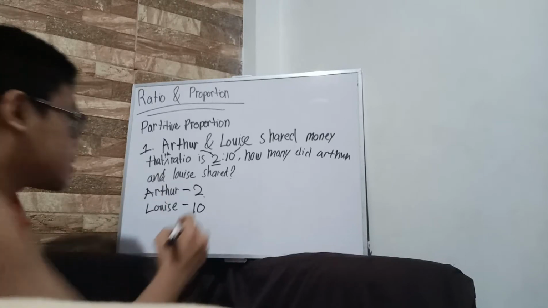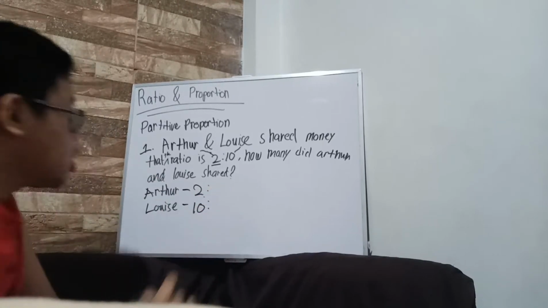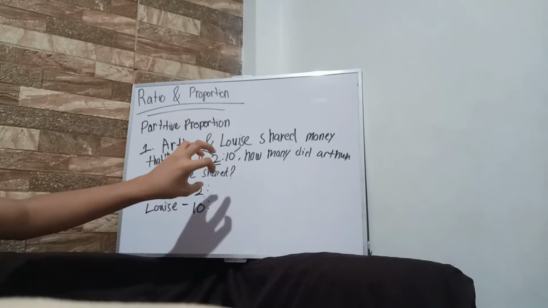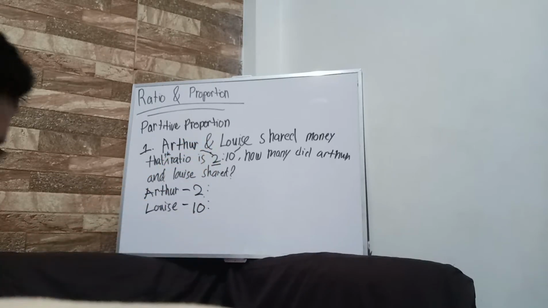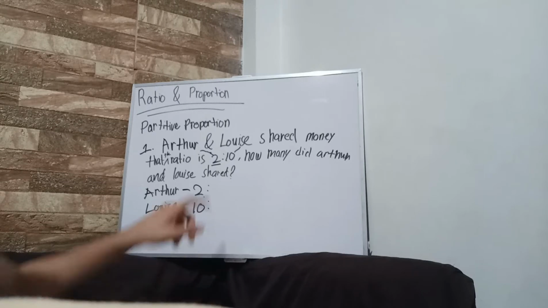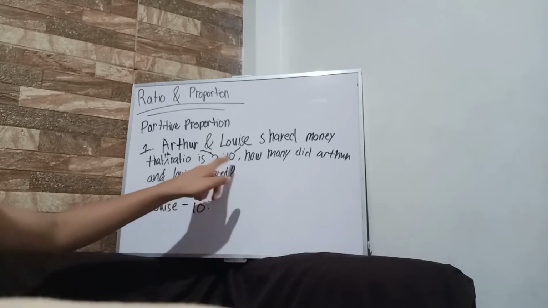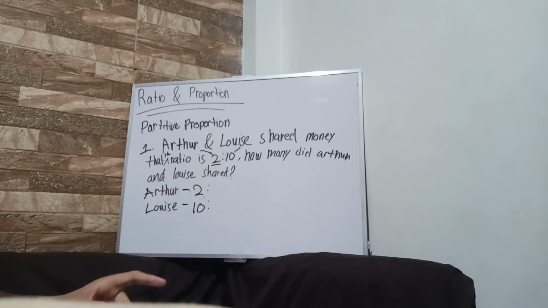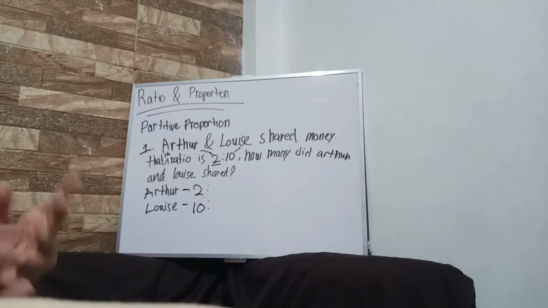So that 12, you distribute it, because the meaning of partitive proportion is describing the total amount being distributed. So the total amount is 2 plus 10. Every ratio you will add if it's partitive.